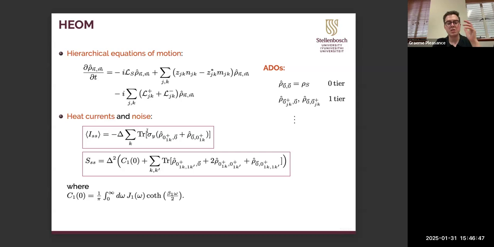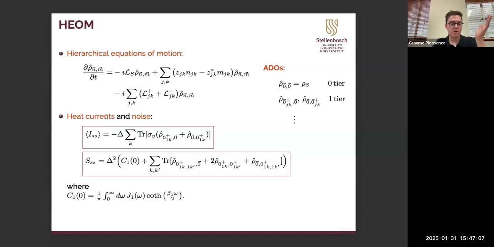What's interesting also about this framework is that it also allows you to extract information, not just in terms of the reduced system density matrix, but also in terms of these auxiliary density operators that's represented in these two equations here.